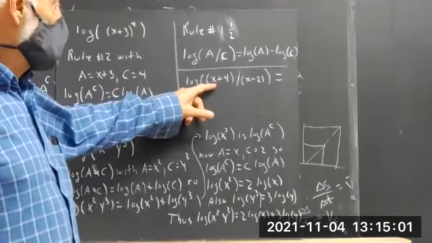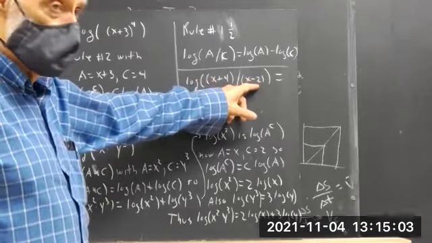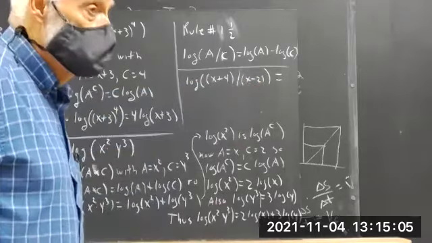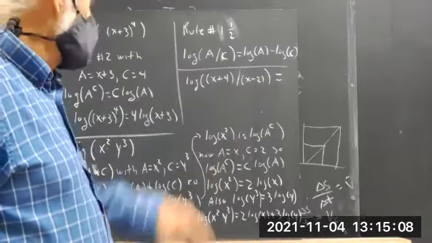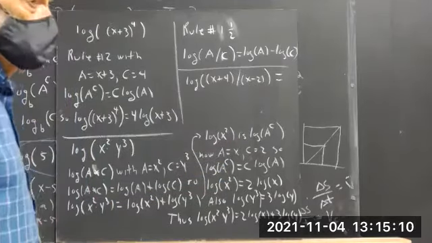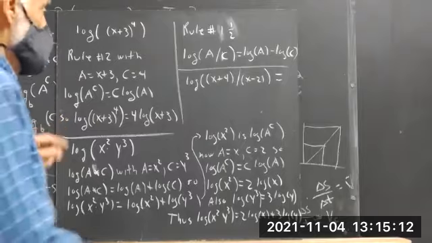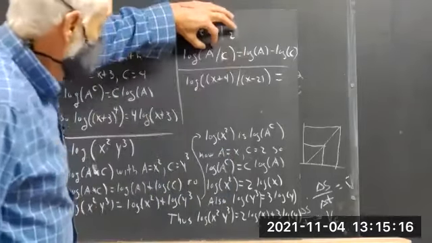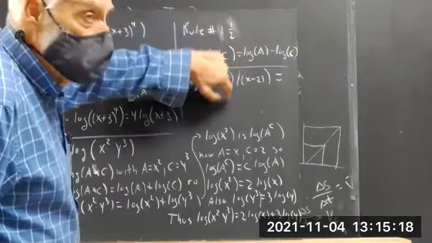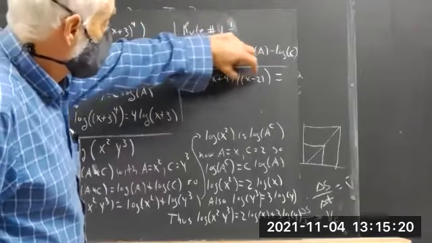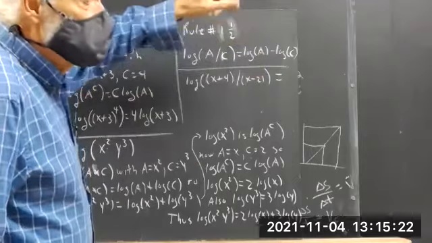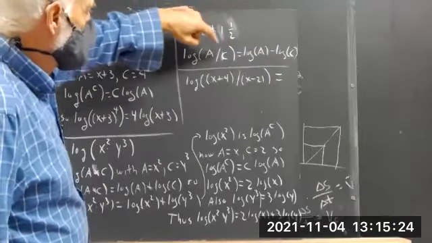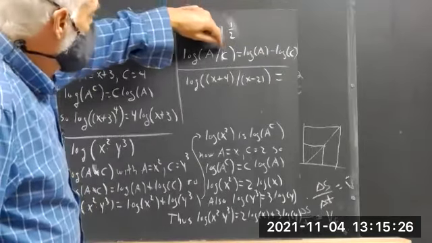So if we have log of x plus 4 over the quantity x minus 2, then this is going to be A because it's the quantity in the numerator, and this is going to be C. Don't make noise because we're on camera.